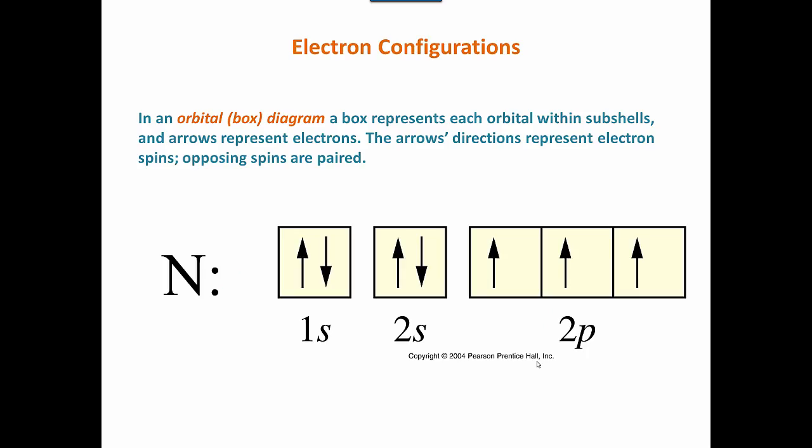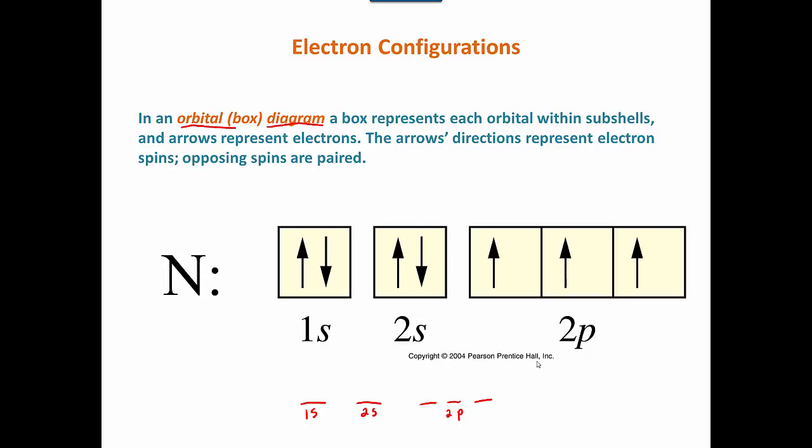The other way to represent an electron configuration is with an orbital box diagram. So we have boxes, or sometimes I'll just draw these horizontal lines. So this would be a 1s, this would be a 2s, and this would be a 2p subshell.